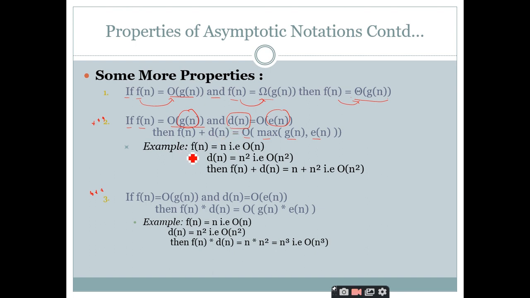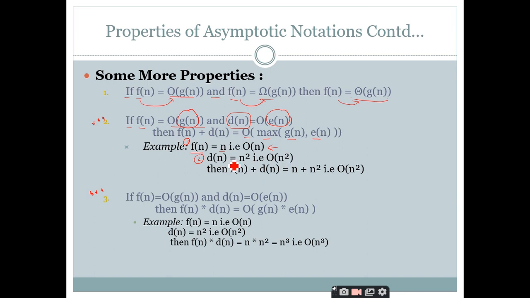Let us solve it with a simple example. Let us take f of n is equal to n. That means we are representing this f of n with big O of n. Am I right or not? Yes, sir. This is our first function, and we take another function d of n is equal to n square.